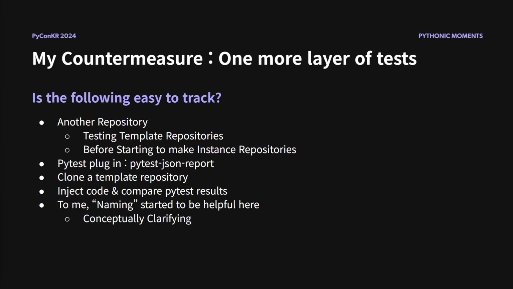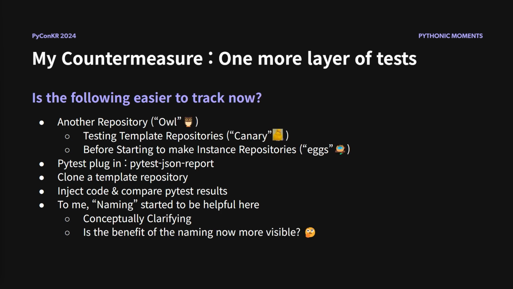And this was an opportunity to discover the importance of naming within the code. So, for example, I added the layer of the owl on top of the canary. Here, the canary was the template repositories for the assignments, which is my club. And the students' repositories, I named them as eggs.